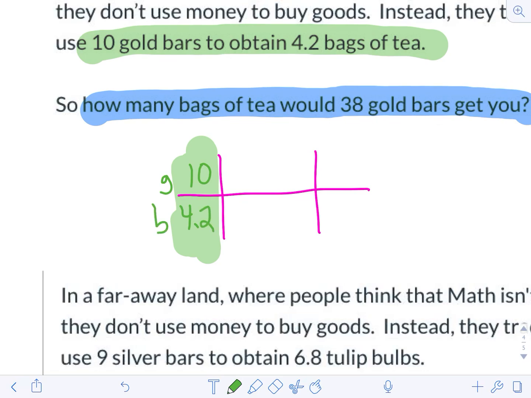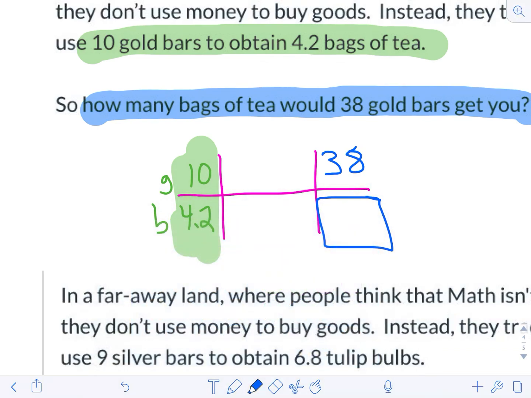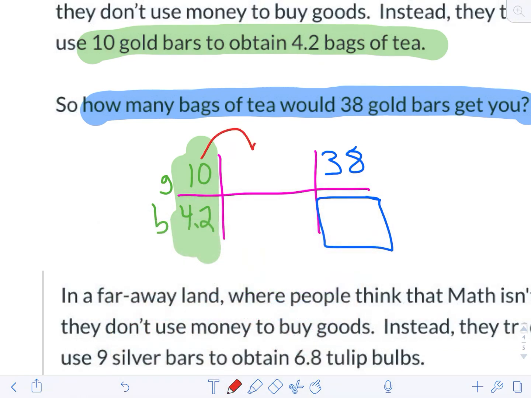And what I want to know is if I have 38 gold bars, how many bags of tea would that get you? Okay. Now, I have no real idea how to get from 10 to 38. I'm good with my 10 times, but I just really don't. So instead, what I'm going to do is get from 10 to 1 to 38.